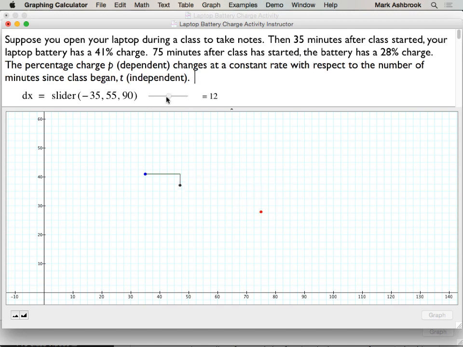So you're going to build this animation using constant rate of change, and we want to use dx and m. You've got the value of m now assigned in your file, and you've got your dx slider. You're going to build this animation with dx and m.